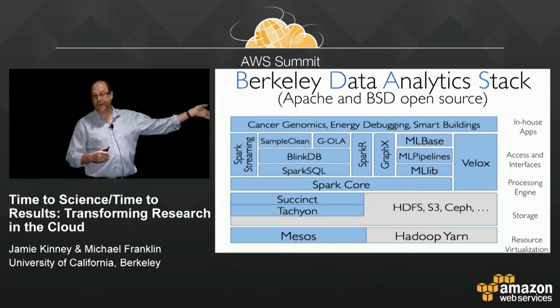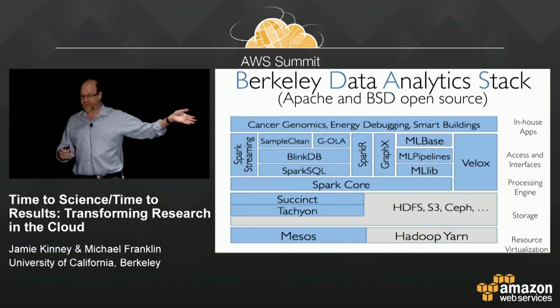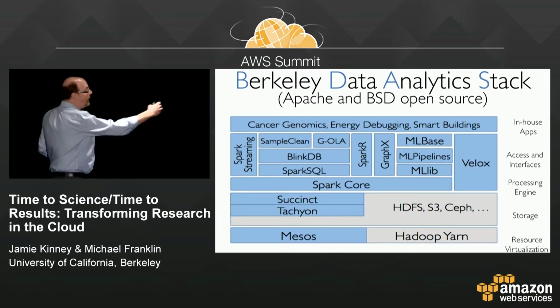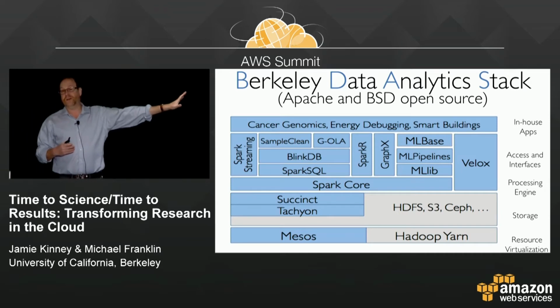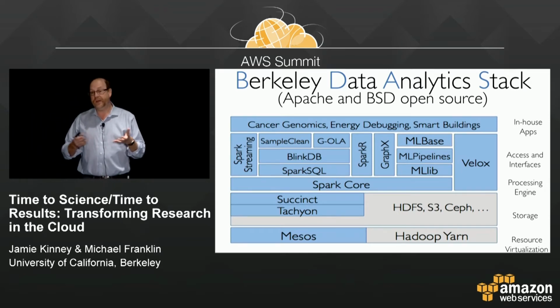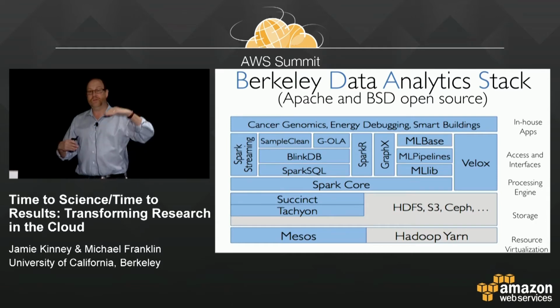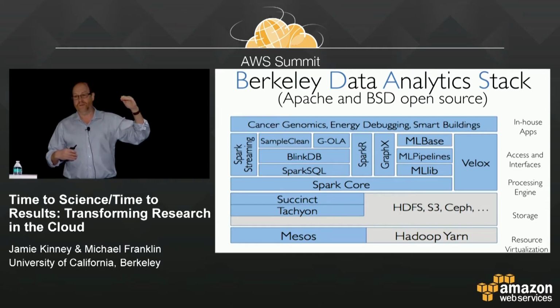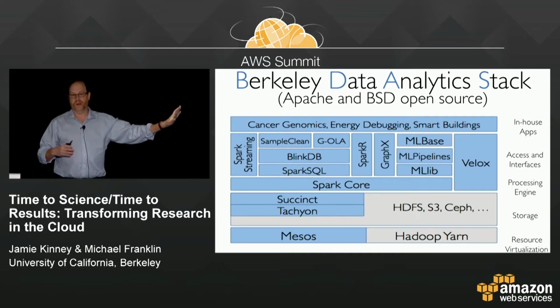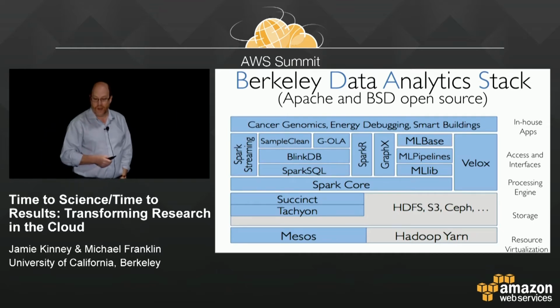We have a streaming interface for real-time processing. And then over on your right we have a bunch of stuff for machine learning. MLlib is a very popular distributed machine learning library. We have some tools built on top of that to make machine learning easier to use. And then Velox is a new system we're building for doing real-time machine learning.